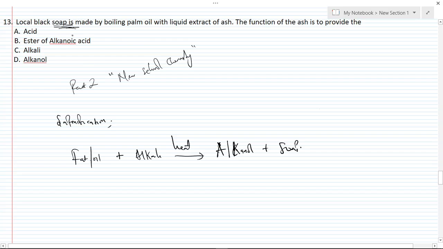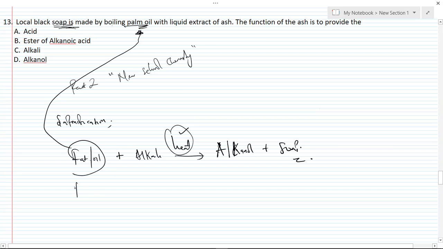So in this question now, the local black soap, obviously that's our product, is made by boiling palm oil. So palm oil will replace fat and oil. Boiling, obviously, we said in presence of what? Heat. With liquid extract of ash.